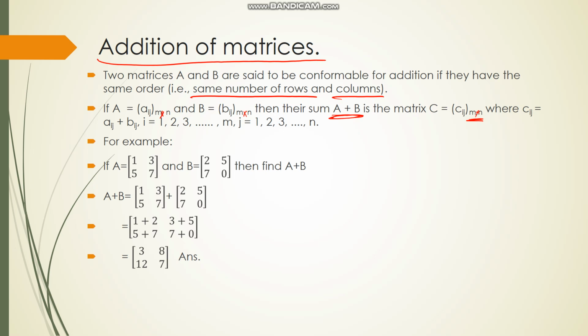For example, if A equals this matrix, B equals this, then find A plus B. For finding A plus B, we have to add same position elements with each other. This 1 and 2, then 3 with 5, and 5 and 7, and this 7 and 0. So we get 3, 8, 12 and 7.